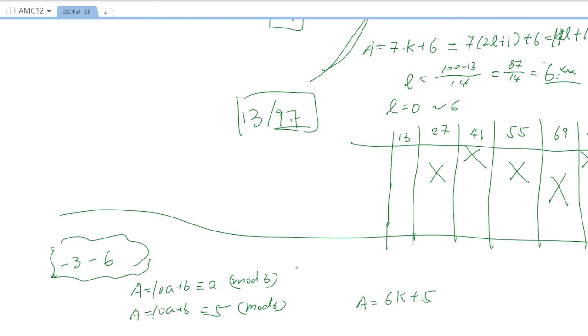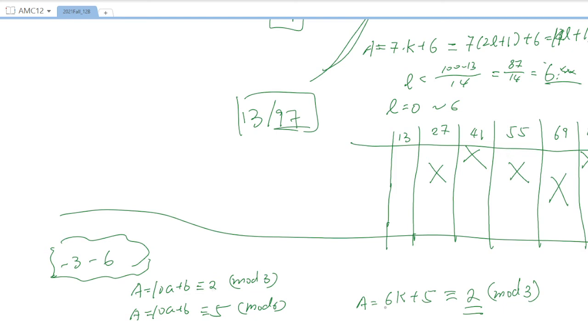And when we mod 3, it's already 2, right? Then let me think, how do we deal with this? Okay, so we have -3 and -6. Okay, and 2 and 3.